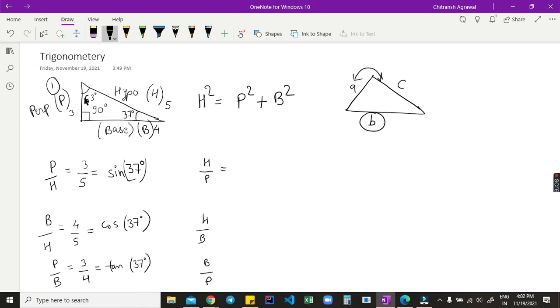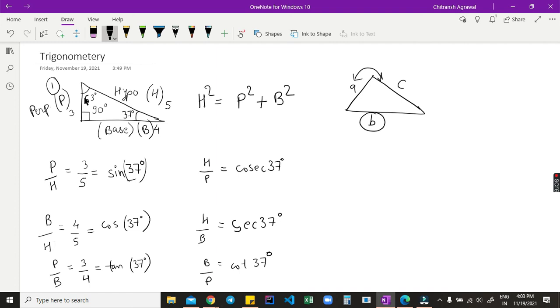Similarly, this h upon p ratio is called cosec of 37. This is called sec of 37 degrees, and this is called cot of 37 degrees. So these are just the ratios.